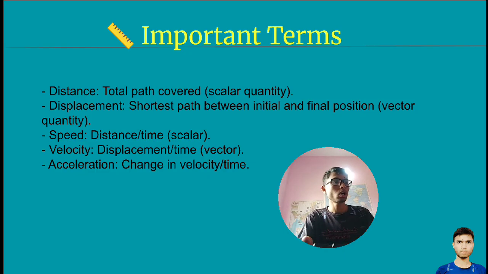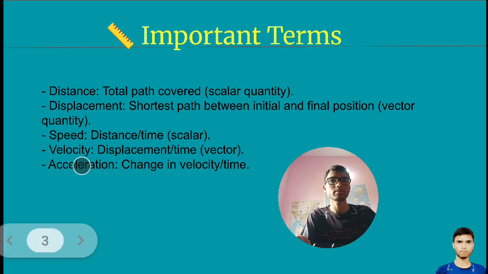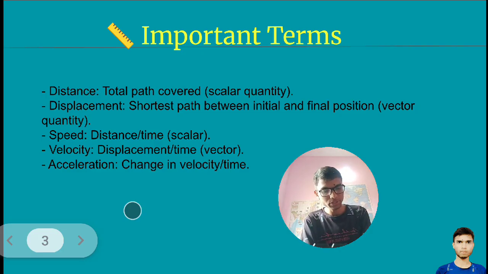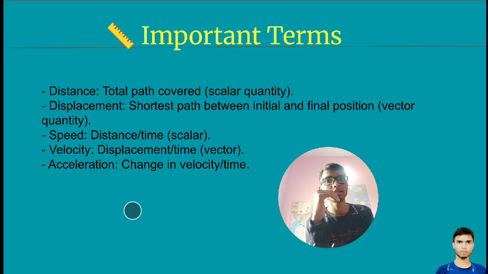Clear? Now here we are saying velocity. So what is the meaning of acceleration? Acceleration means a speed is increasing or decreasing. What is the change in velocity in time? That is acceleration.